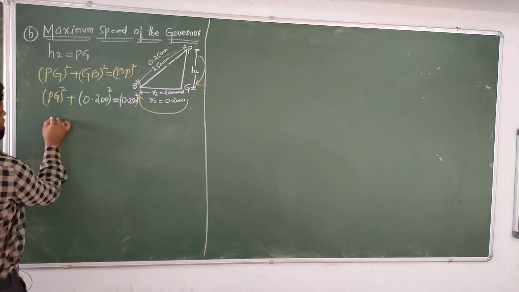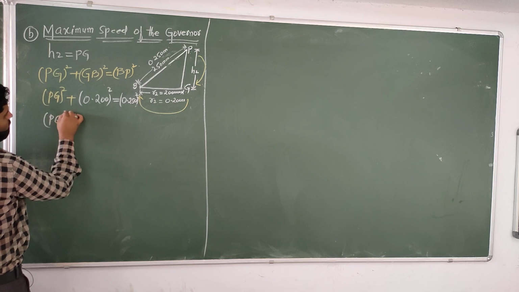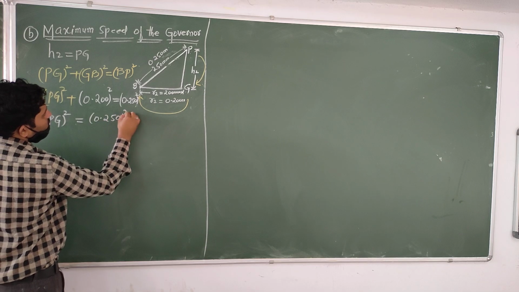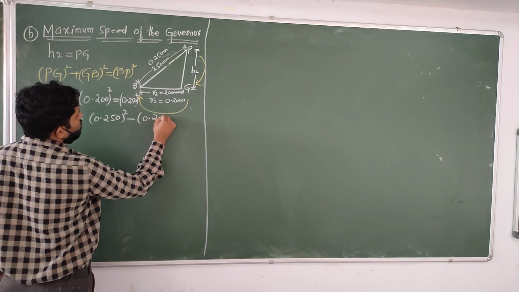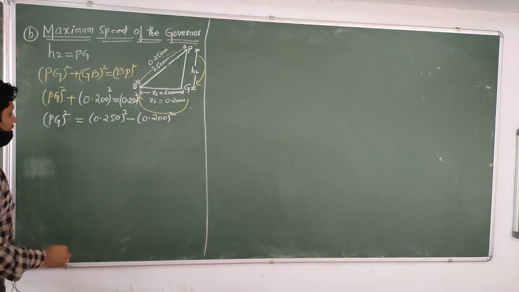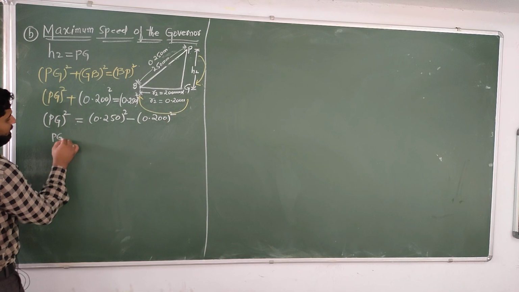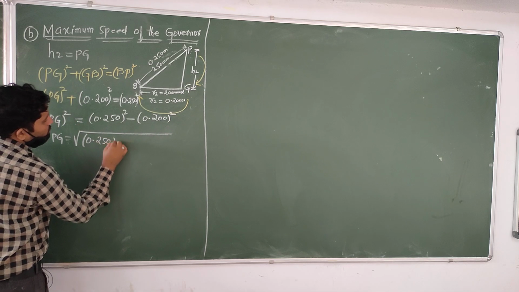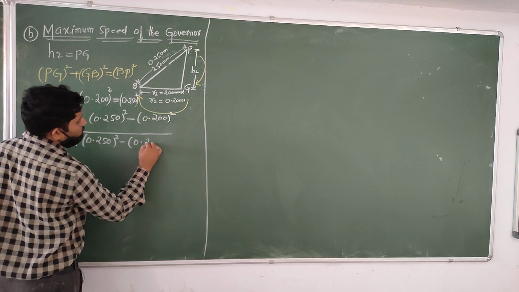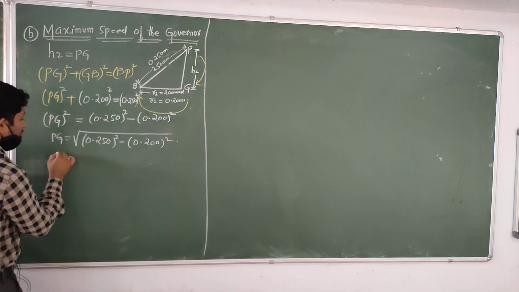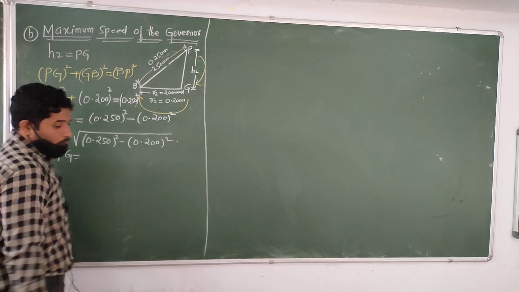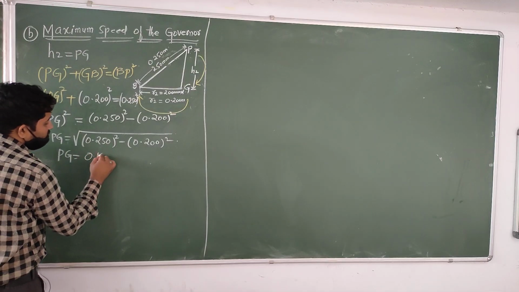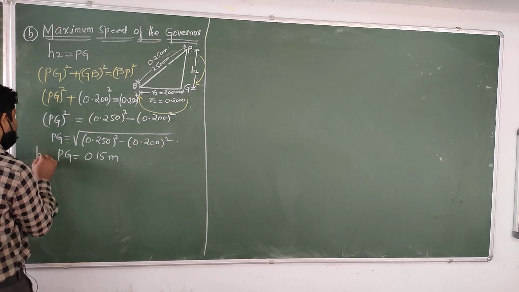Is it right? Then PG whole square equal to 0.250 whole square minus 0.200 whole square. Then if you remove the square, that becomes root of 0.250 whole square minus 0.200 whole square. Then PG value, how much am I getting? I am getting the answer 0.15 meter. That is the value of H2.